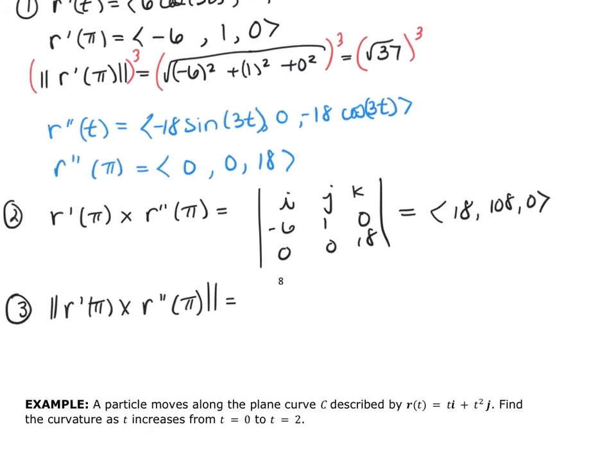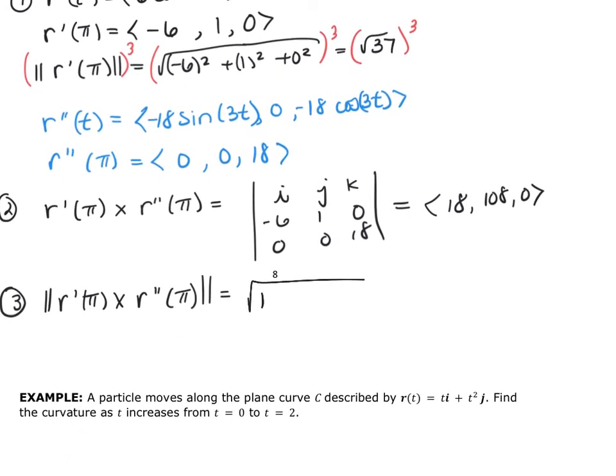Which is going to give me the square root of 18 squared plus 108 squared plus 0 squared, which gives me 18 the square root of 37. Oh, that's kind of nice. I get kind of excited when I start to see that stuff.